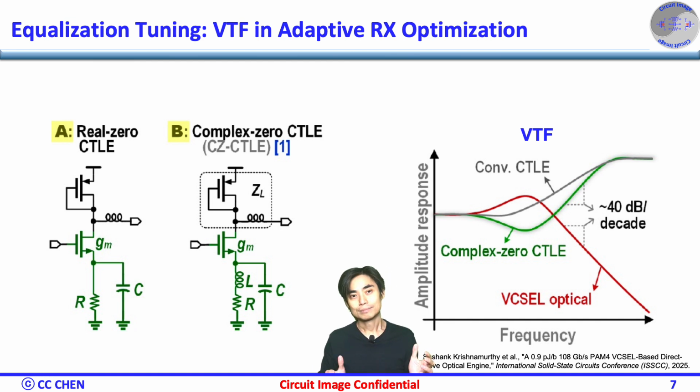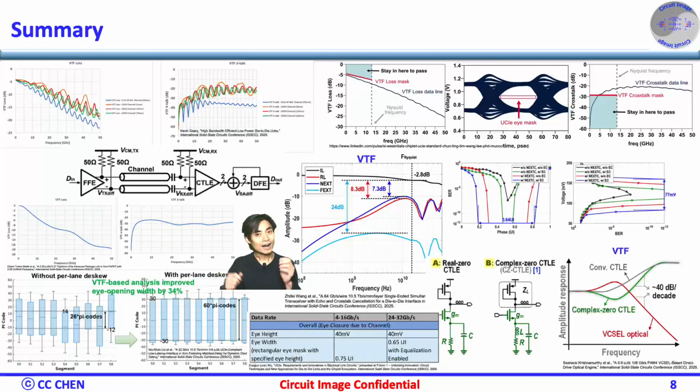To conclude, after refining equalization settings, it's crucial to ensure that UCIe links meet compliance standards for widespread application. Here is a summary showing why the shift from S-parameters and TDR to VTF is a necessity for modern UCIe-based designs.